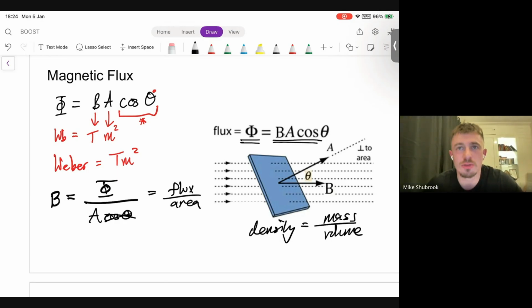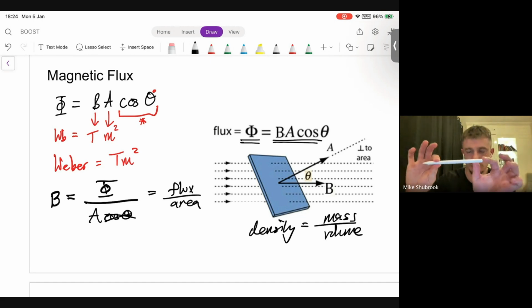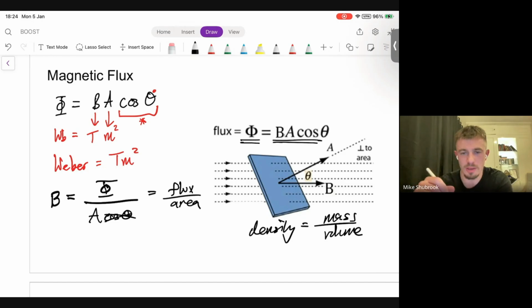Imagine that I showed you this pencil and I said it has a certain mass for a given length. If you chop 1 centimeter of it off, I can tell you what that mass is going to be. So I can define a mass per unit length of an object, and that is just another version of a density. So density doesn't always mean per unit volume. It can mean per unit area. It can mean per unit length.